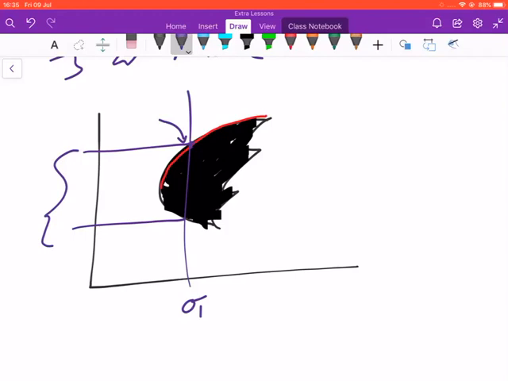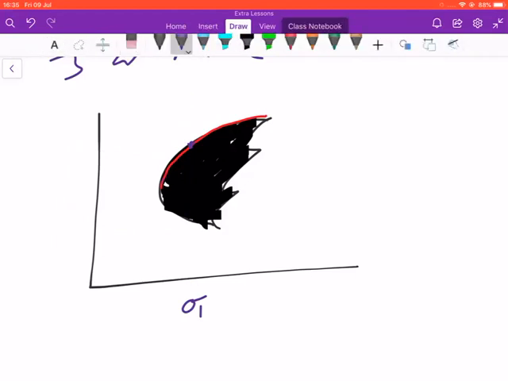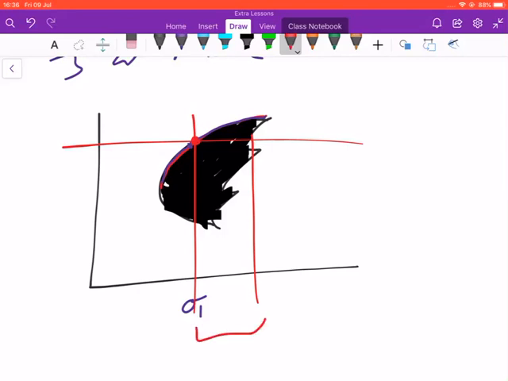That line on top we call the efficient frontier because it gives you the highest possible return for any given risk. It also gives you the lowest risk for any given return. So this is the feasible set as well as the efficient frontier.